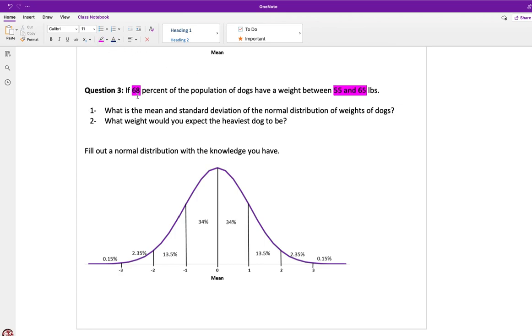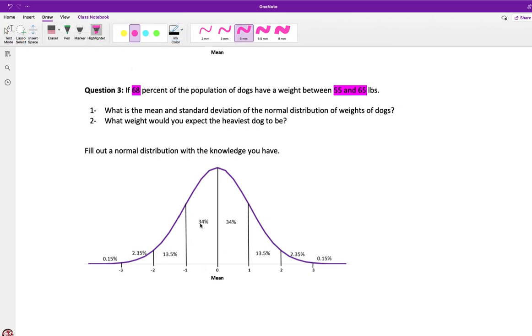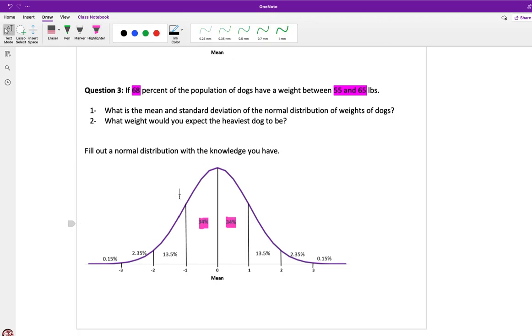So if we know that 68%, we can go down here and say, what adds to 68? Well, these two add to 68. Correct? So that means my low one would go on this side, and my high one would go on this side. And knowing that every one of these intervals is the same, what number is halfway between 55 and 65? Well, it's 60.